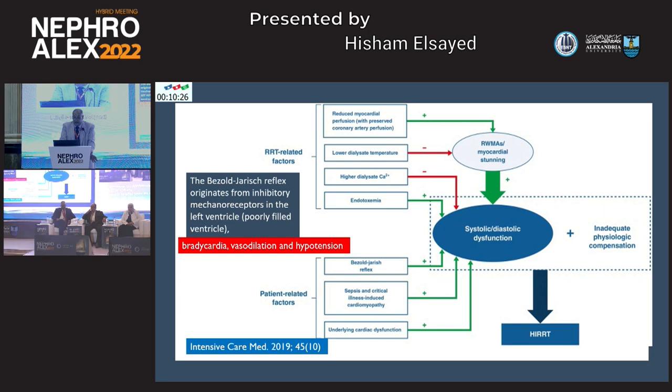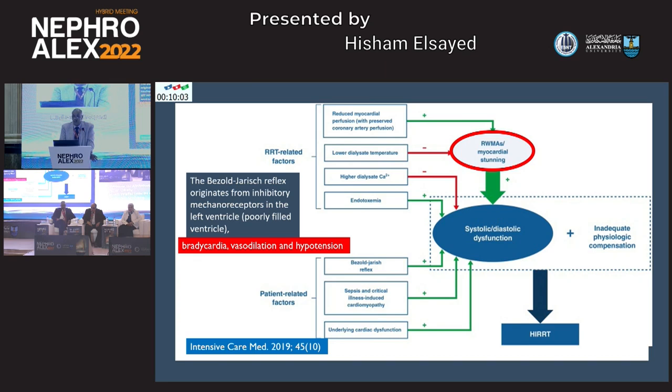We have to mention that there is a lot of cardiac decompensation during intradialytic hypotension, mainly reflexes like the Bezold-Jarisch reflex originating from the inhibitory mechanoreceptors in the left ventricle, a poorly filled ventricle, and can induce bradycardia, vasodilatation, and hypotension.